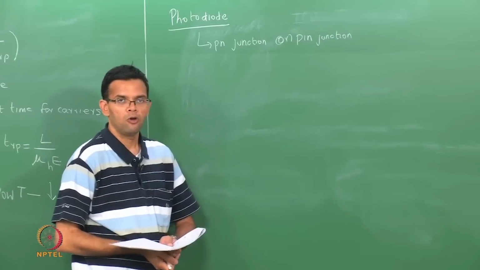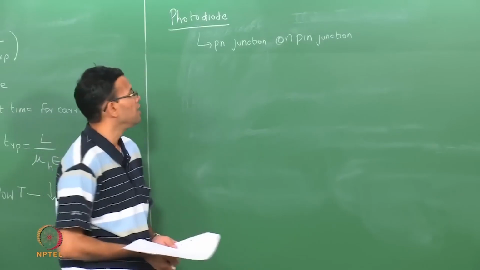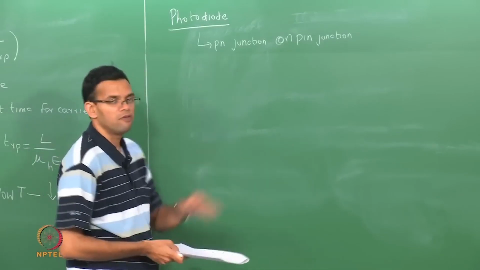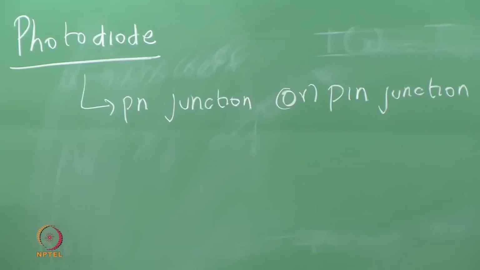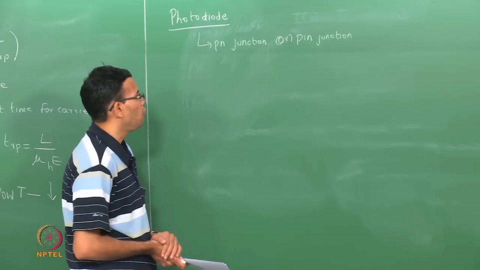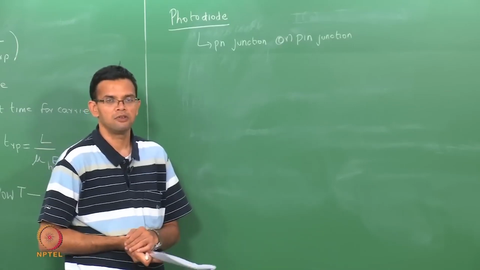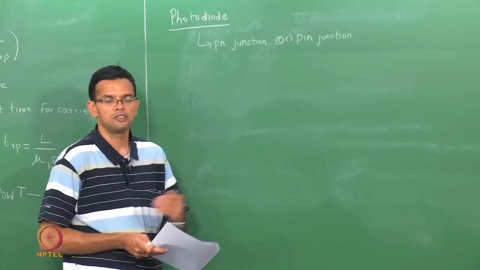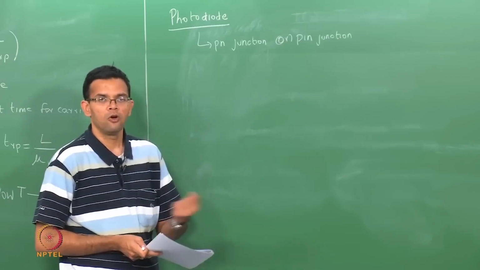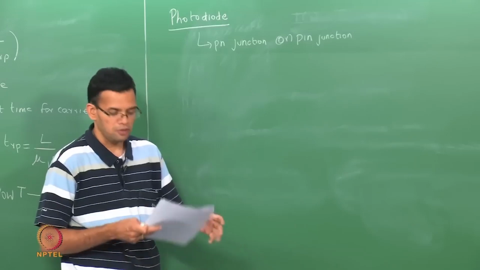Electron hole pairs are generated either in the depletion region of the PN junction or in the intrinsic region. These electron hole pairs are then separated by applying a reverse bias to the junction, so that the electrons go towards the N side, holes go towards the P side, and then you have a current.